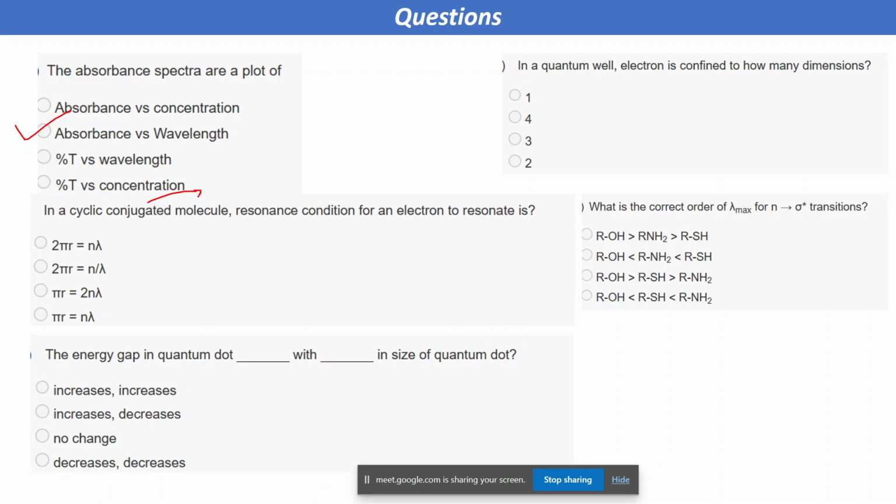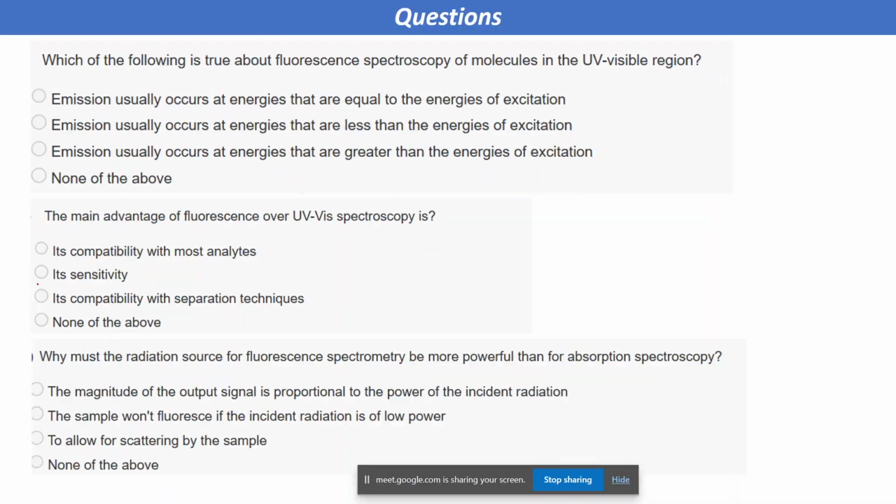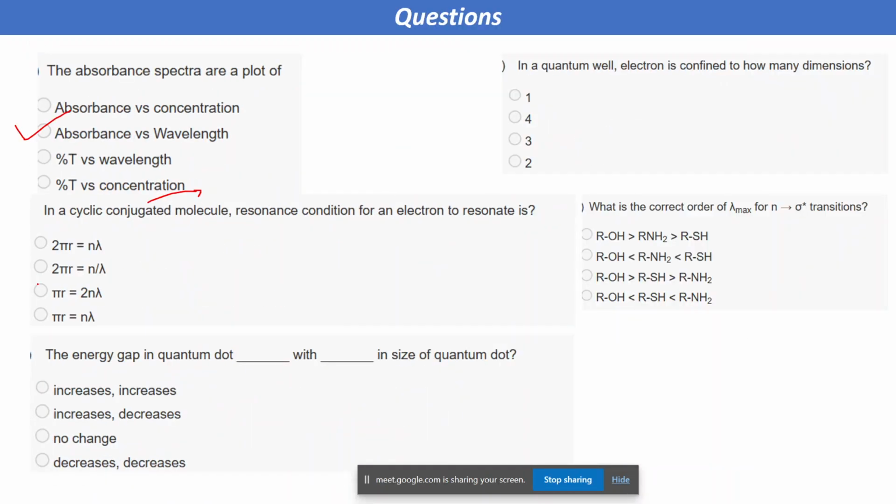In a conjugated molecule, the resonance condition for an electron to resonate is 2 pi r equals n lambda, 2 pi r equals n by lambda, pi r equals 2n lambda, or pi r equals n lambda?